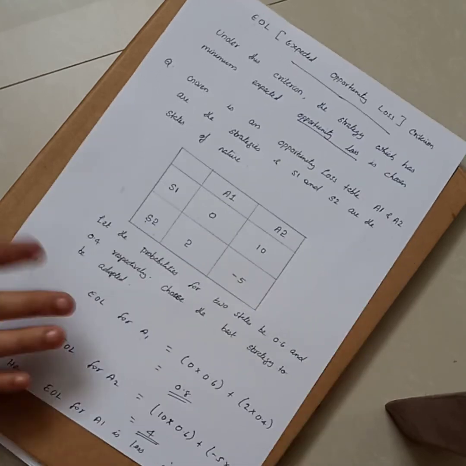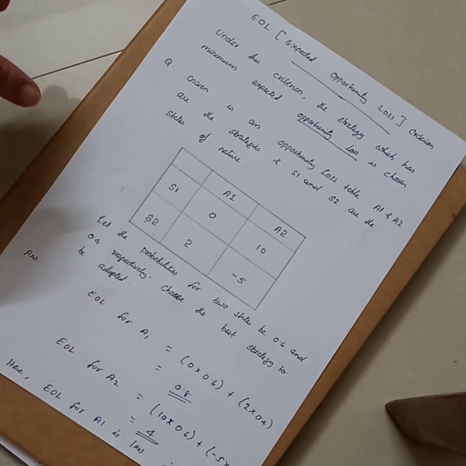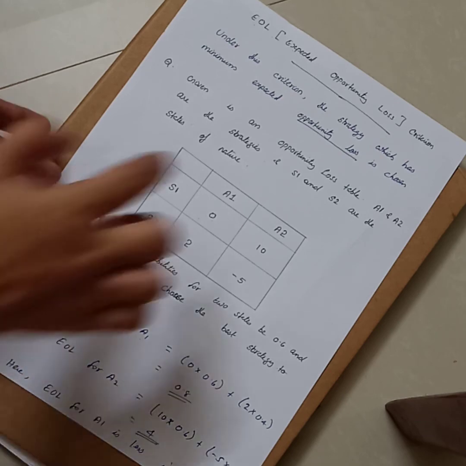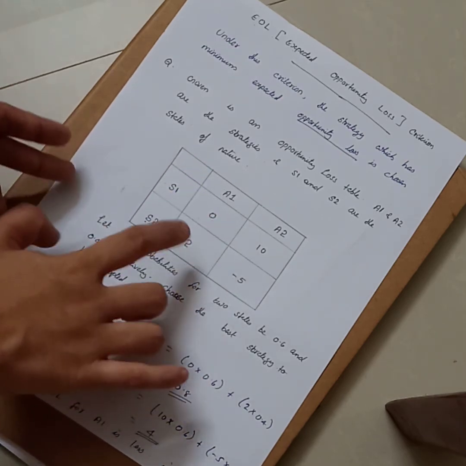The only thing is, in the question you will be given the probability of each and every state of nature, and again the opportunity loss will be given in case of the expected opportunity loss criterion. So you just multiply the probability of each state of nature with the respective opportunity loss value and then sum it over however many states of nature are given in the question.